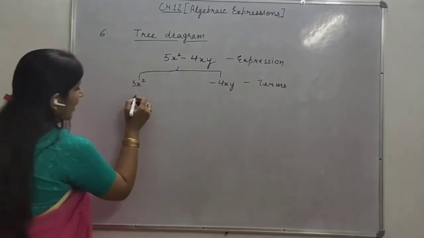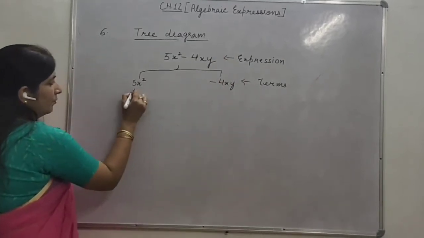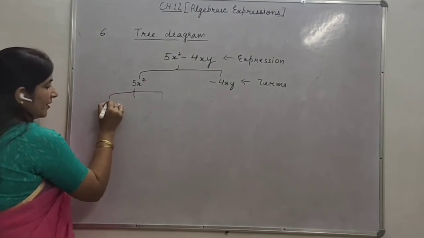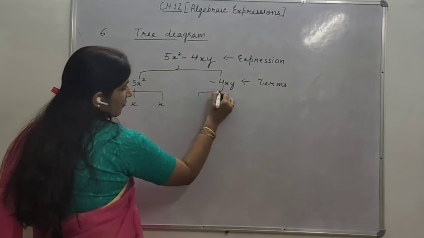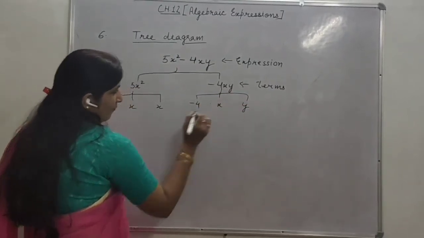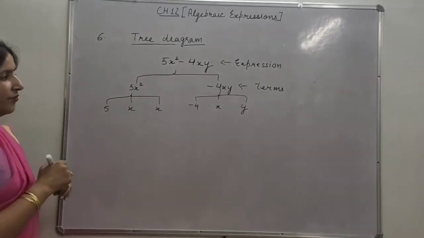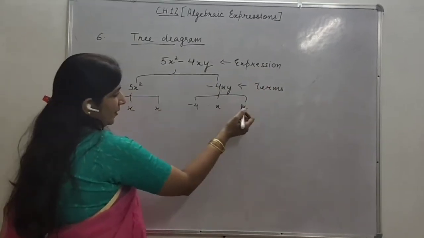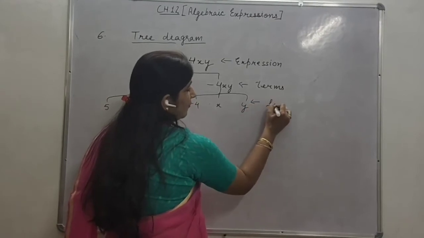Fine. And then these terms are further divided into the factors that we have just learned. So the factors are 5, x and x. And what are the factors of minus 4xy? Minus 4, x and y. So this is known as the tree diagram, in which we write the expression first of all, that is given, then we separate the terms and the terms are further separated into the factors.